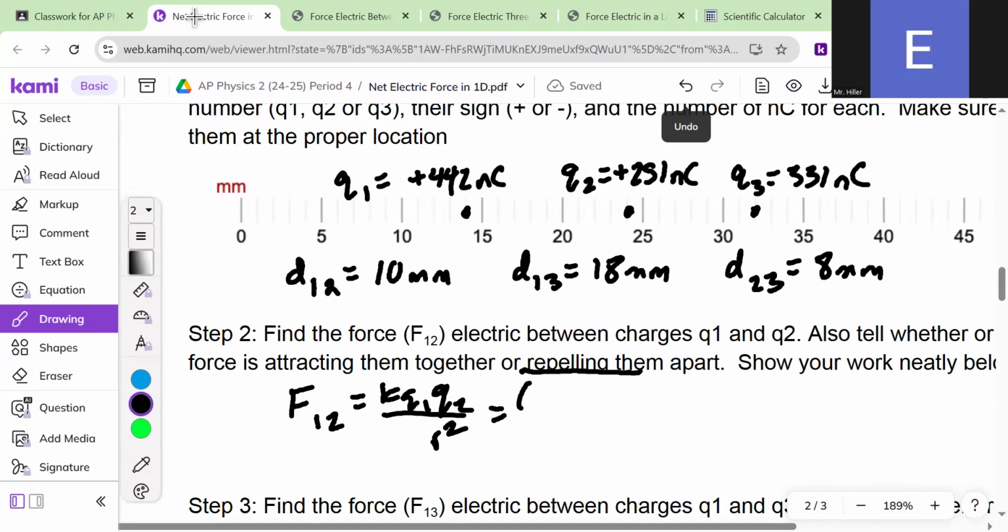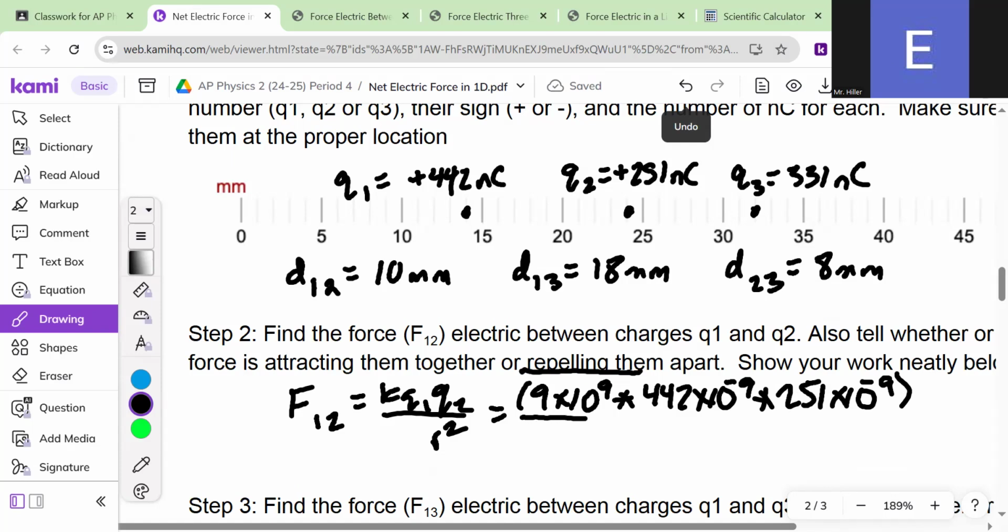We're going to go 9 times 10 to the 9 times, now charge 1 is 442 times 10 to the negative 9, and Q2 is 251 times 10 to the negative 9, all divided by, now 10 millimeters would be 0.01 squared.